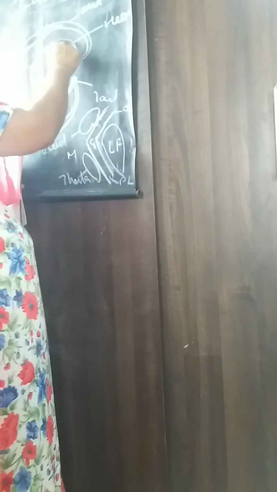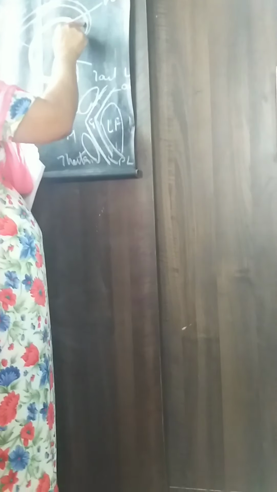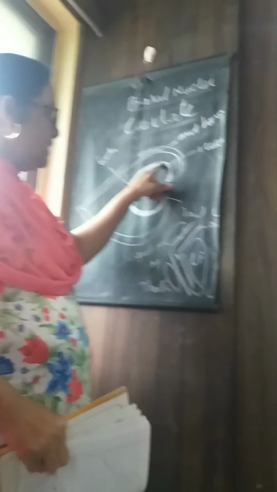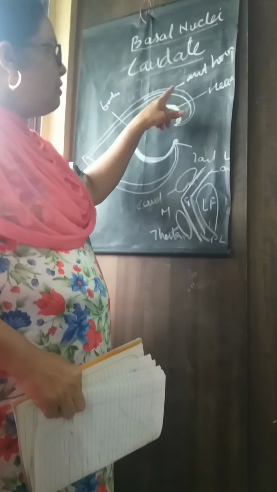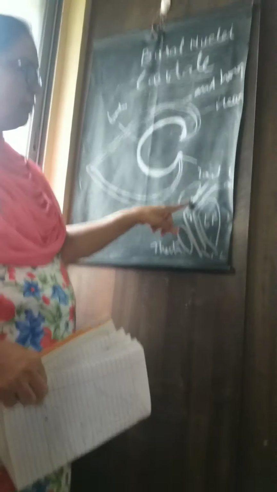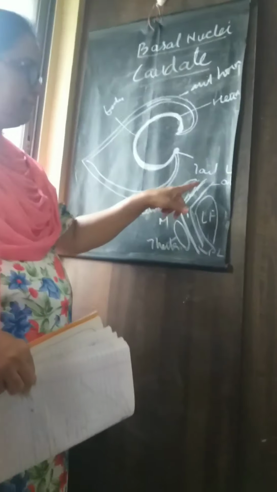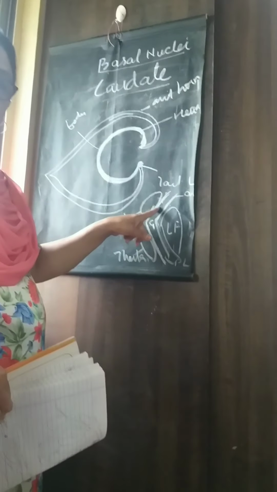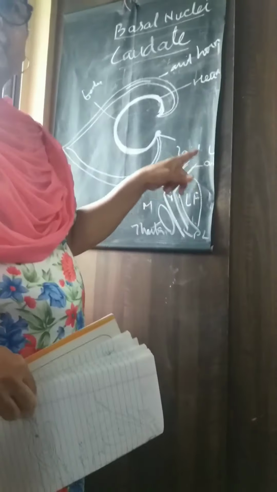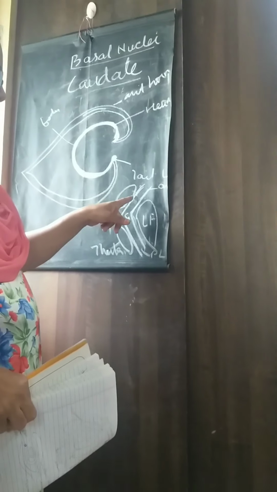The head forms the floor of the anterior horn of the lateral ventricle, and it forms the medial boundary of the anterior limb of the internal capsule.